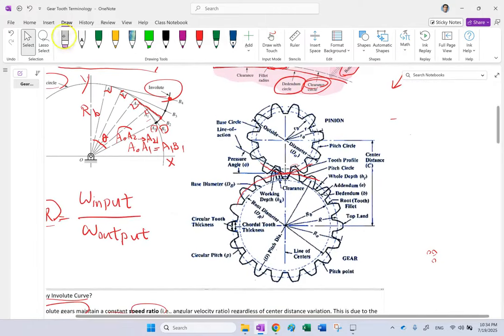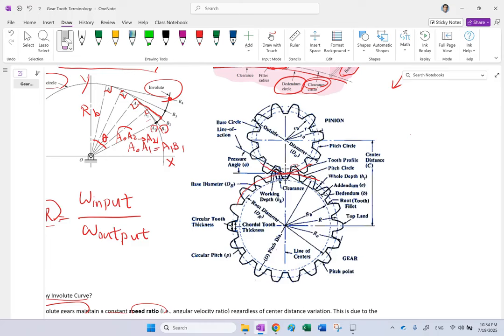The importance is if I replace these two gears by two simple drums, or two simple cylinders that are spinning each other just because of friction between these surfaces. Okay, so there is friction between the material, and when one spins, it spins the other one, right?